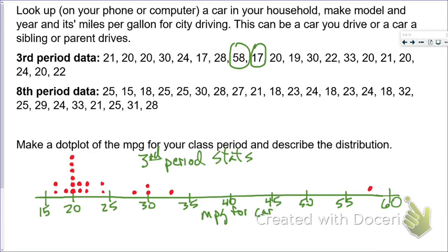I'm going to walk through CUSS and describe the miles per gallon for third period stats, miles per gallon for cars driven.